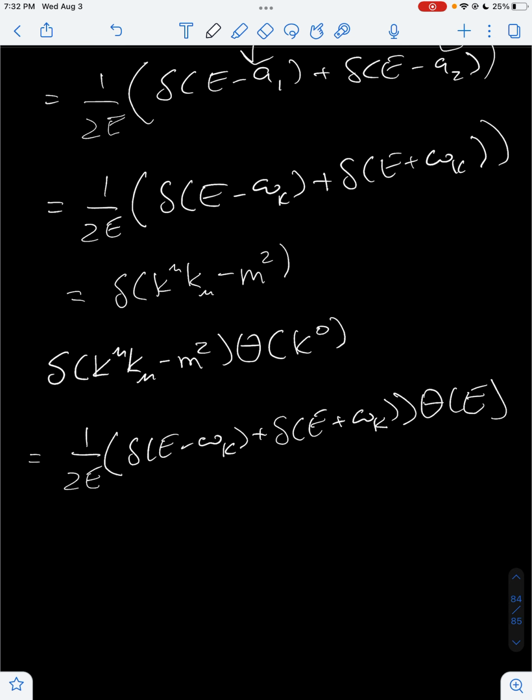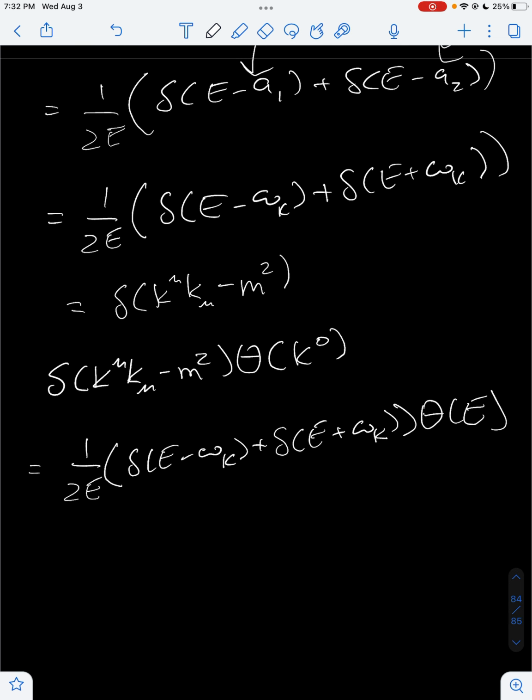Now here's the cool, really nice part. Remember that omega k is just the square root of p squared plus m squared. So square roots have positive and negative solutions. If we took omega k to be negative, that means this would be positive and this would be negative.